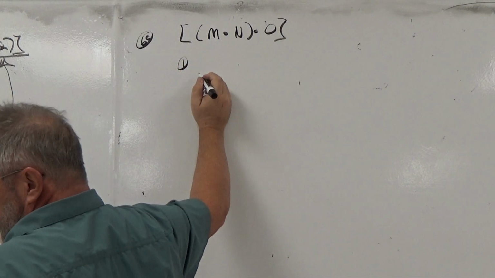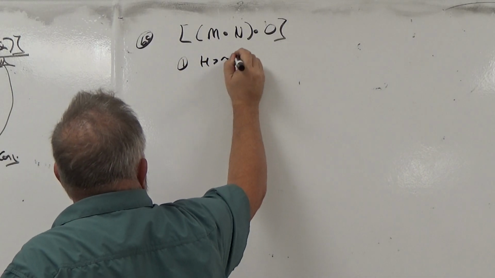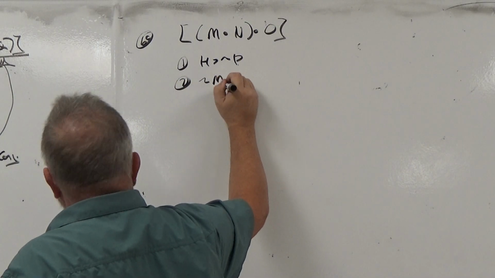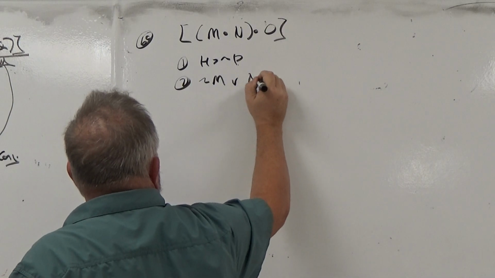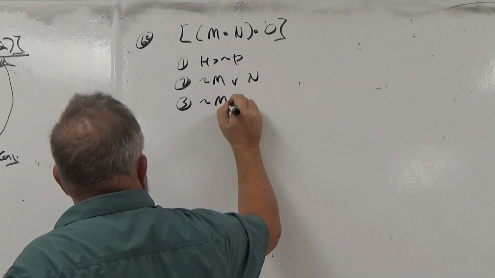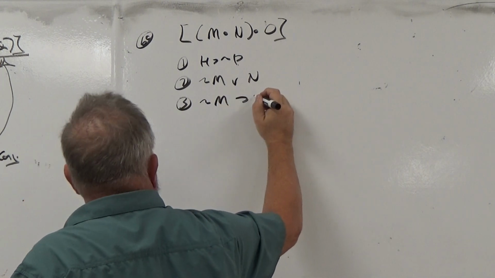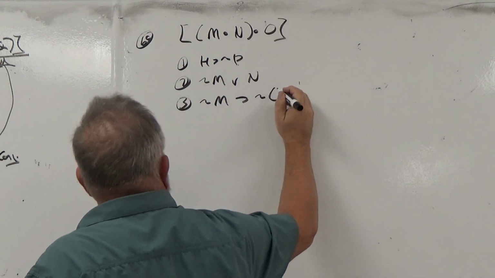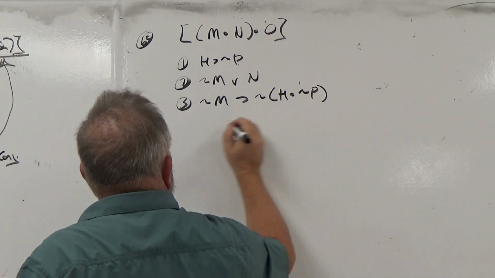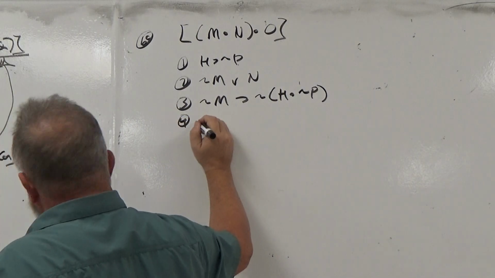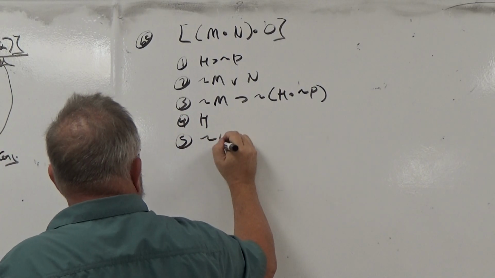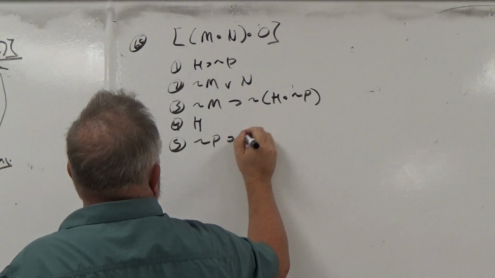We have H then not P. 2, we have not M or N. And 3, we have not M, then not H and not P. And we have H and we have not P, then O.